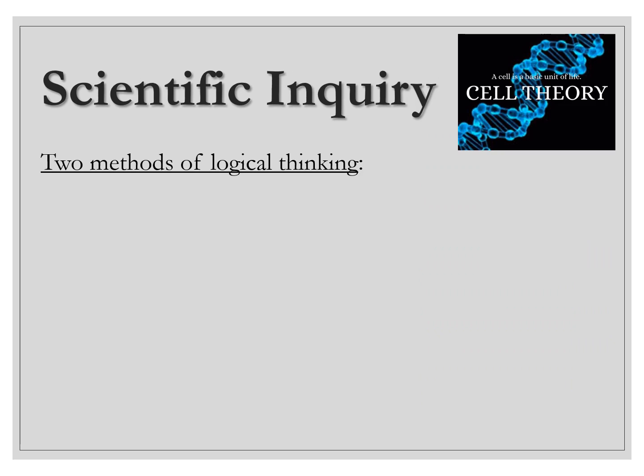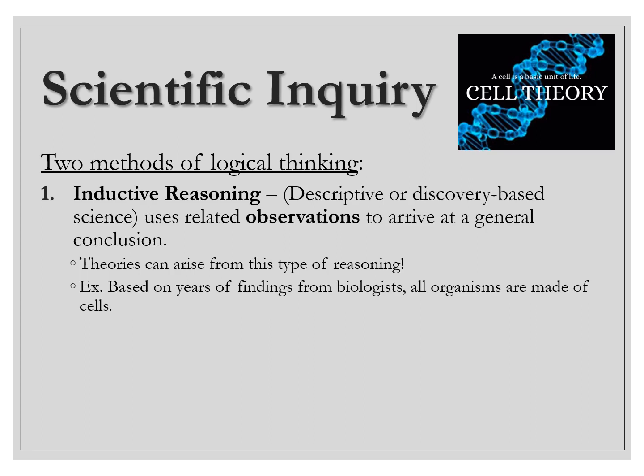So now we said that scientists observe the natural world and use logical thinking. So there are two methods of logical thinking or logical reasoning. And the first one is inductive reasoning. And this is a descriptive or discovery-based science. So what it does is it really uses observations to arrive at a general conclusion. Okay, and theories can really arise from this type of reasoning.